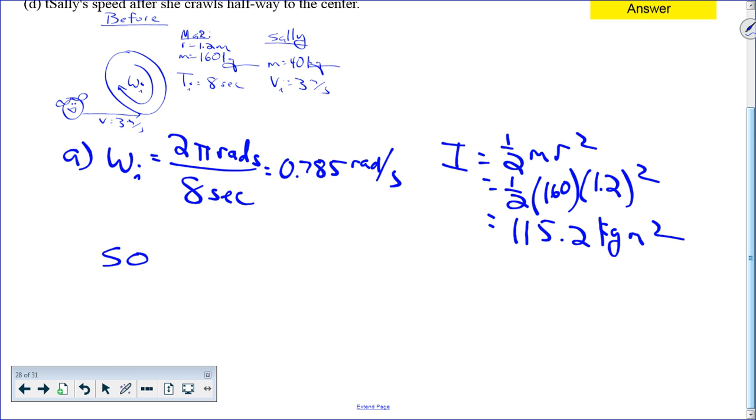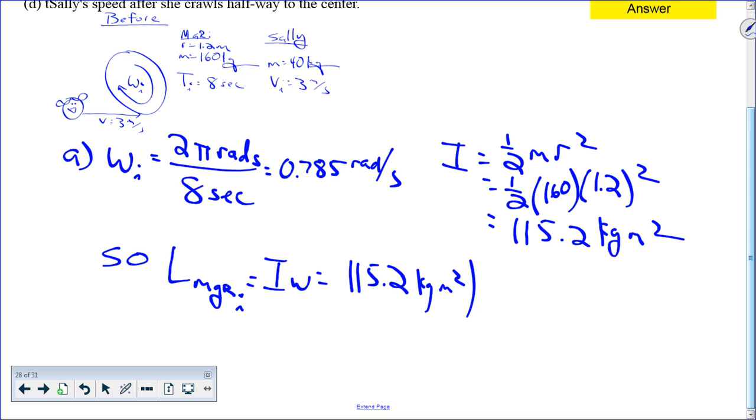Everybody good? All right. So L for the merry-go-round initially is going to be I omega, which is 115.2 kilogram meters squared, times 0.785 radians per second, which gives you 90.5, is that right?